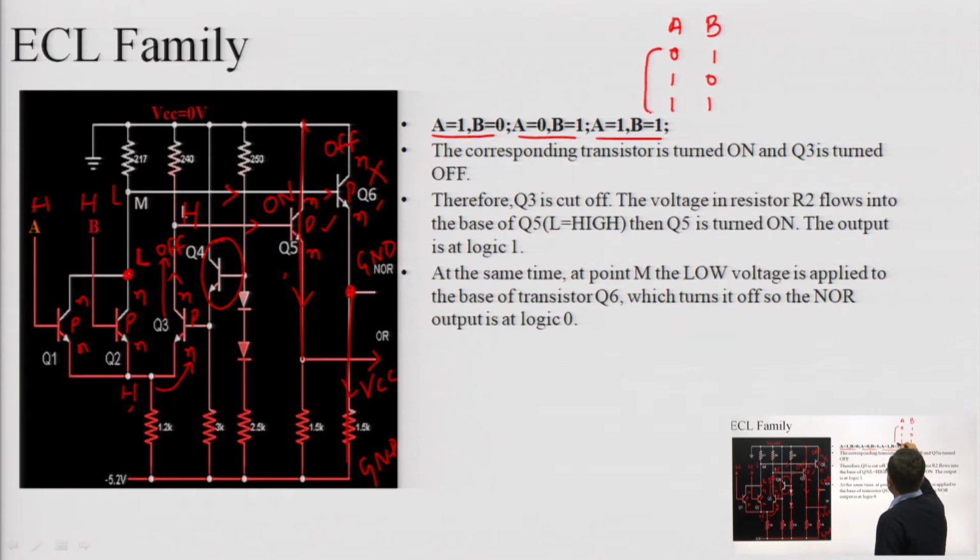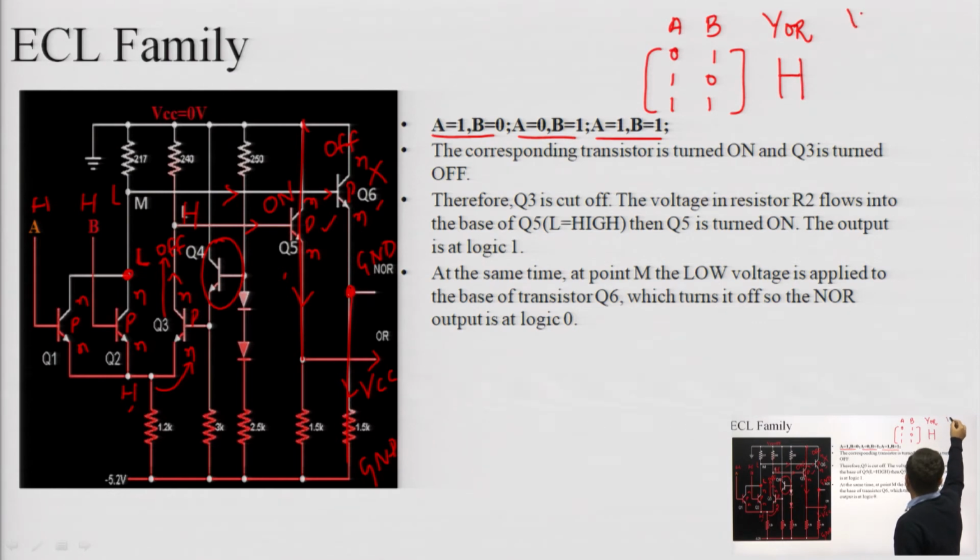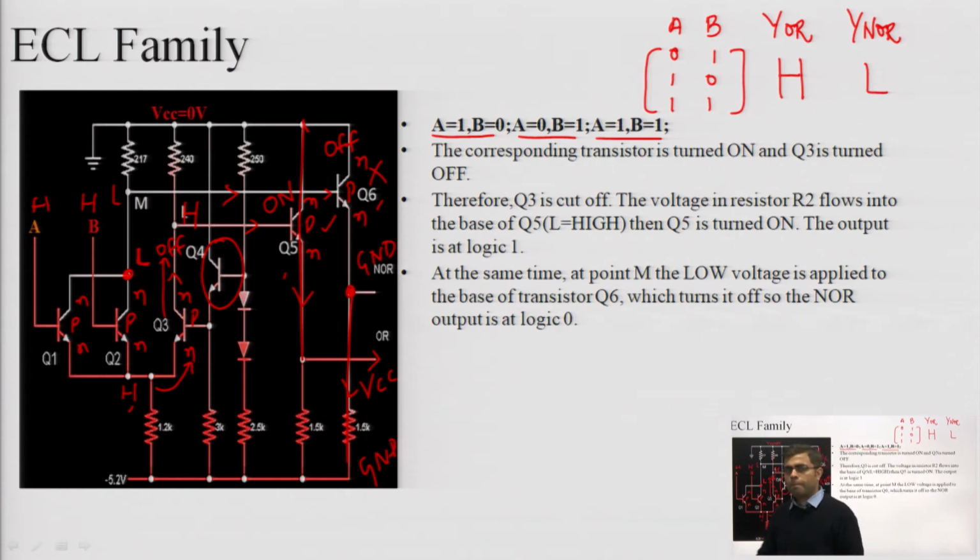That means if at least one input is high, then in that case my Y OR will be high and Y NOR will be low. So this completes the entire truth table for the OR and NOR gates. So in this way this ECL family is operating.